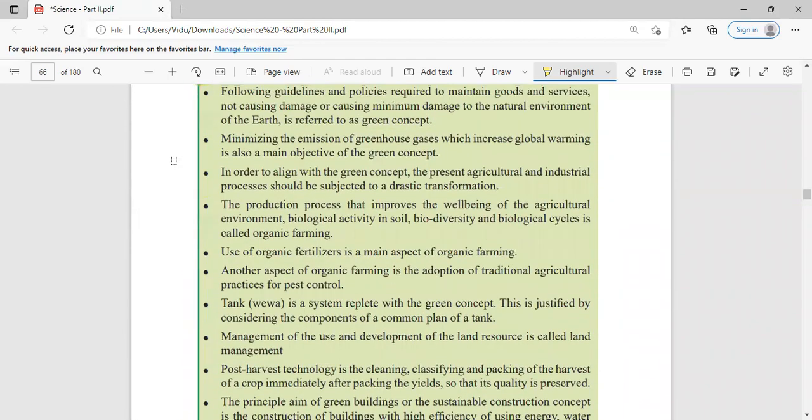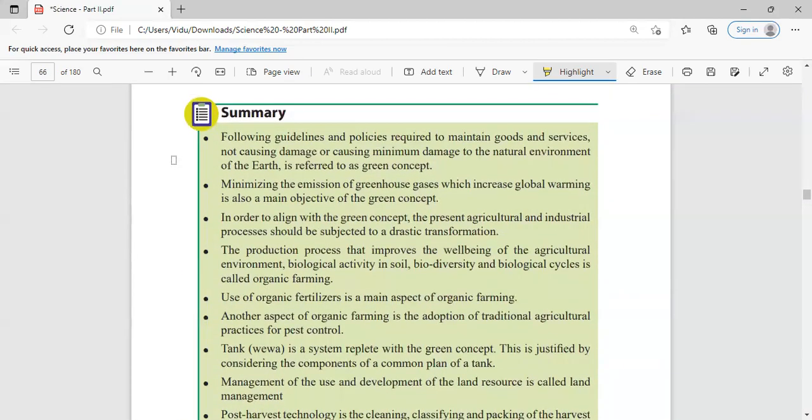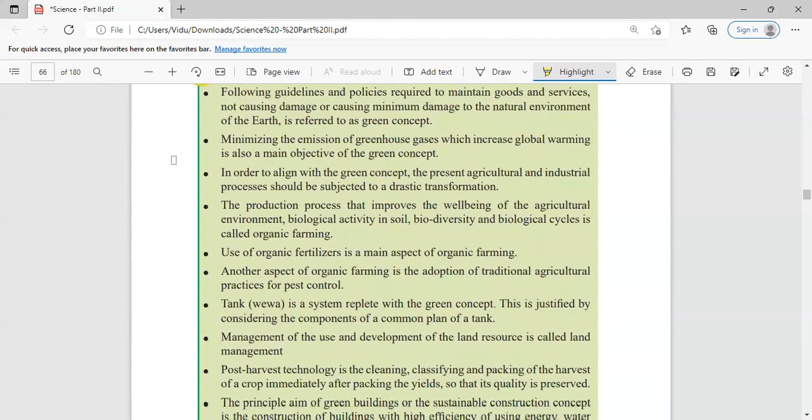Our lesson is over, the 13th lesson, artificial substances and green concept. So I'm going to read the whole lesson as a summary. Following guidelines and policies required to maintain goods and services, not causing damage or causing minimum damage to the natural environment of Earth, is referred to as green concept.